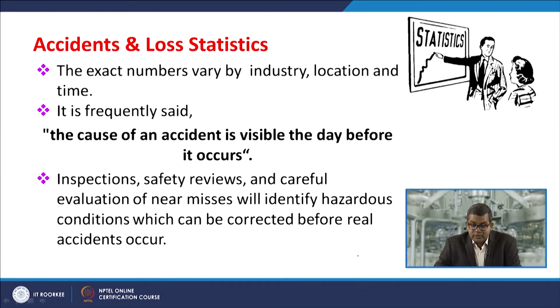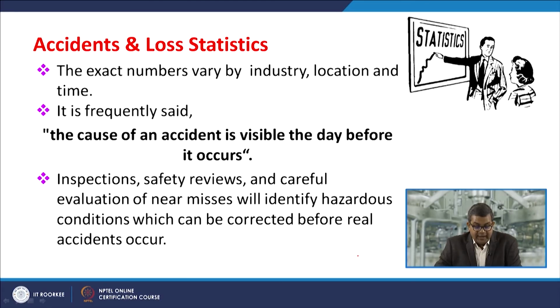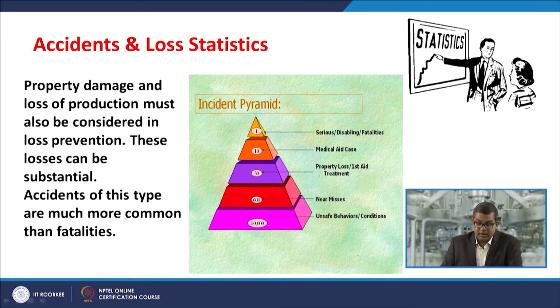So it is frequently said that the cause of an accident is visible the day before it occurs. The only thing is that, based on your technical knowledge and competency, you need to find out those near misses. How can you find them? Through proper inspection, proper safety review, and careful evaluation of all the circumstances listed in this particular slide.